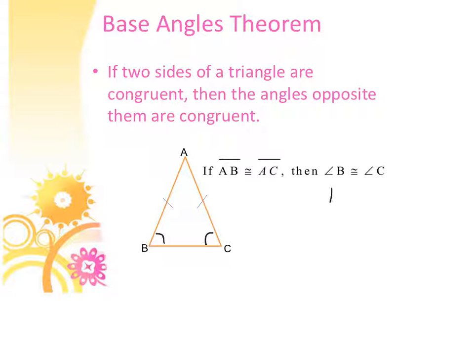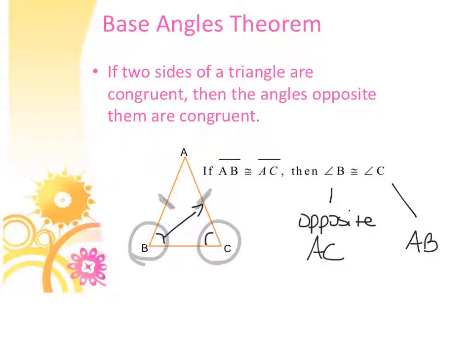Notice angle B is opposite side AC, and angle C is opposite side AB. Because we have these two congruency marks here, this tells me that the two base angles are also congruent. So when you have two congruent sides, then the angles opposite them are also congruent.